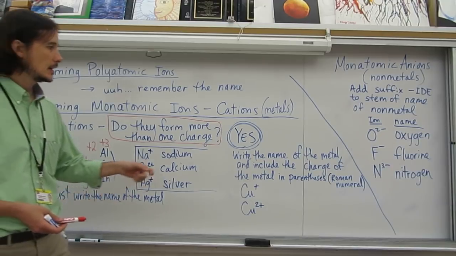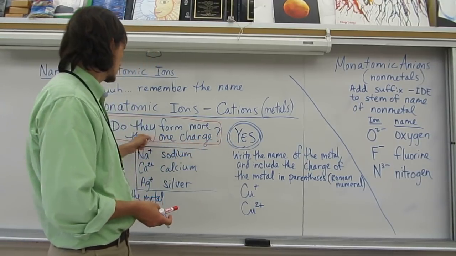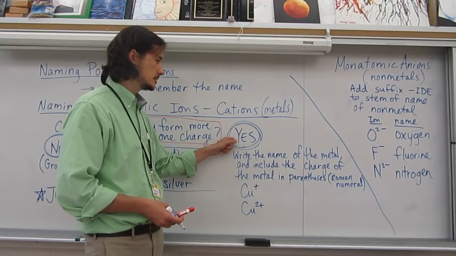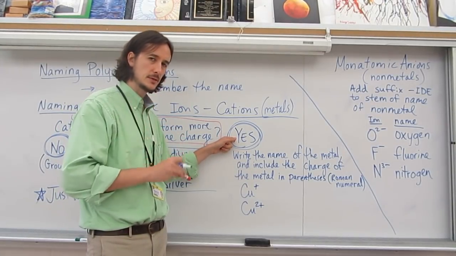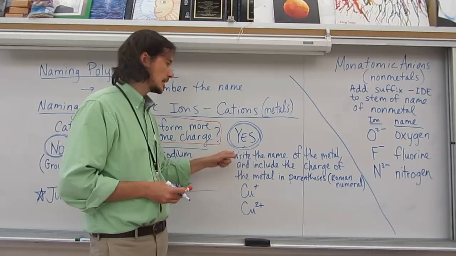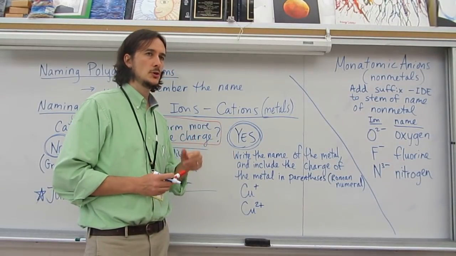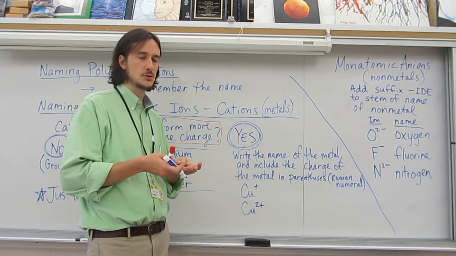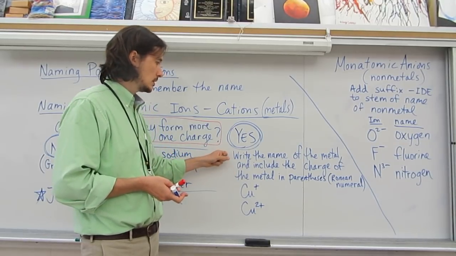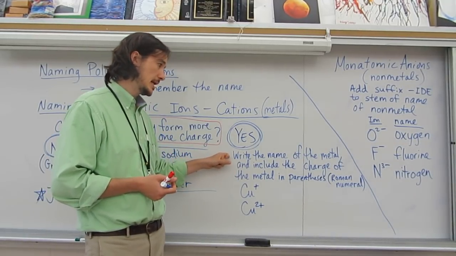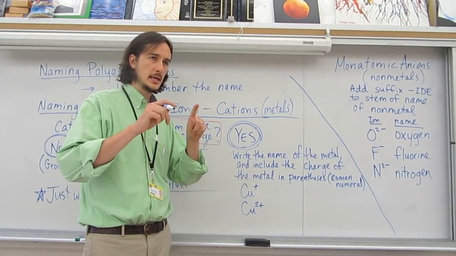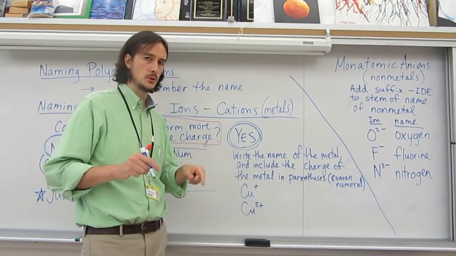Just write the name. But what if the answer is yes? So the question is, do they form more than one charge? If the answer is yes, then you're going to do something slightly different. It's not very much. If they form more than one charge, you have to tell the reader what that charge is. So you write the name of the metal, and you include the charge of the metal in parentheses in Roman numerals.